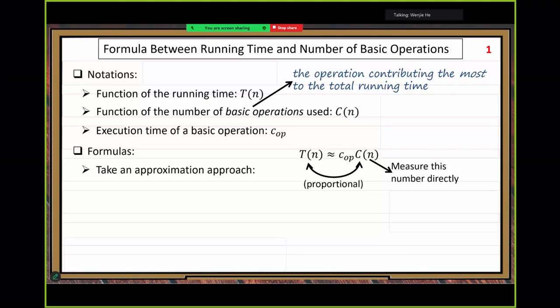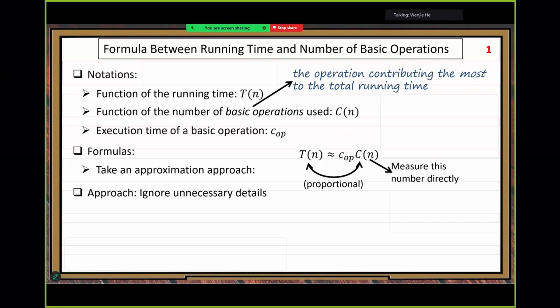With the C function, you just count the number of basic operations directly, so it's stable. But T of n is not stable. T of n is different for different machines. But C of n, for the same algorithm, gives you the same counting number on all machines. So we like to use the C of n function to measure the efficiency of the algorithm.